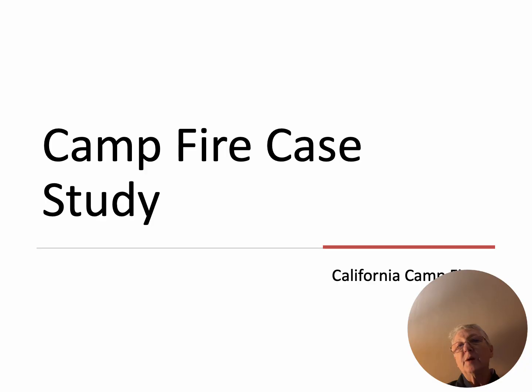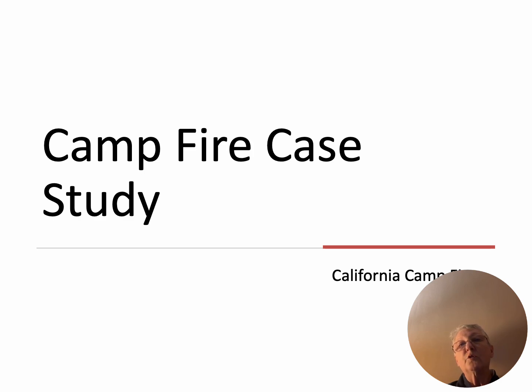It was driven by extremely dry vegetation and strong winds, and the fire spread rapidly toward the town of Paradise. Within hours, thousands of residents were forced to evacuate. So let's go through a little bit of the overview of this.